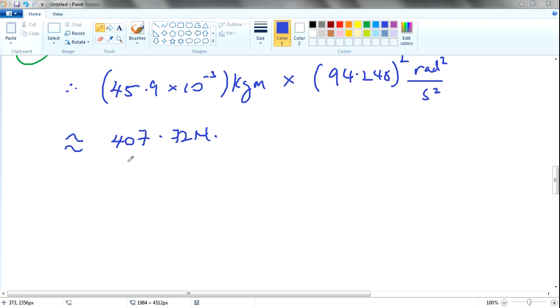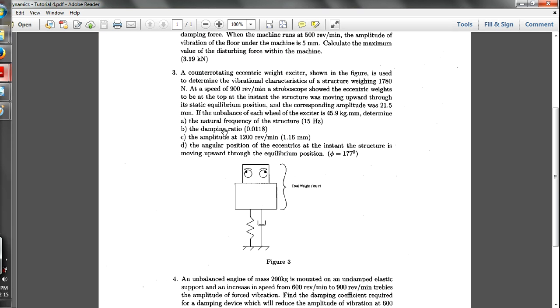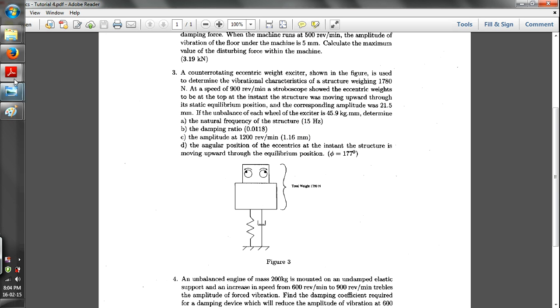So previously we stopped at this portion over here, stating that this is the force out of balance, because it's moving out of balance.